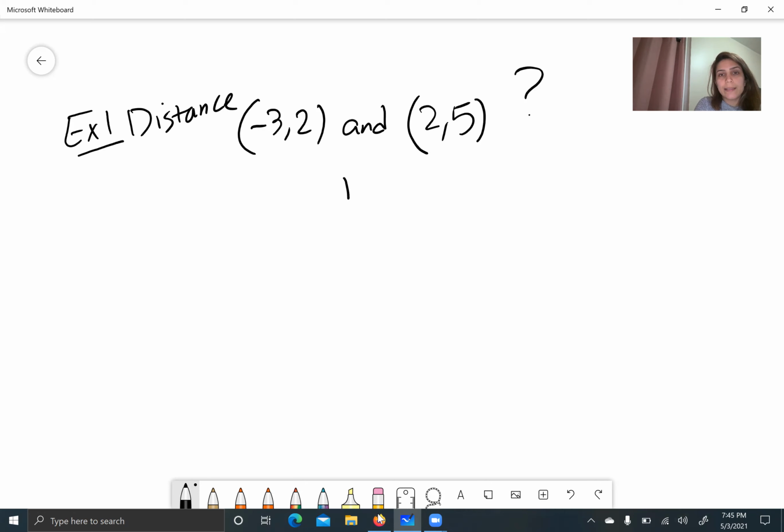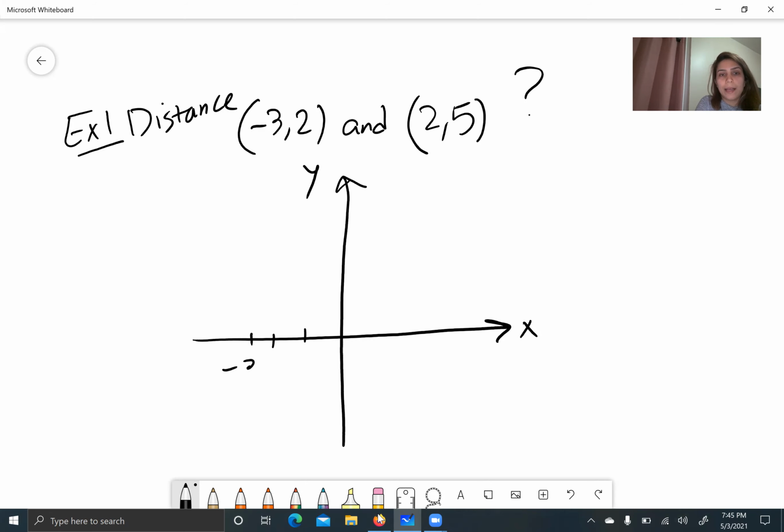Okay, let's first plot these points on the plane. -3 and 2, that's going to be this point, and 2 and 5, this is 2 and 5, it's going to be this point.